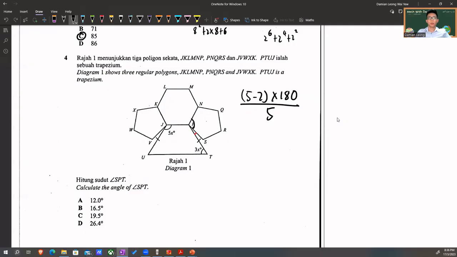So it will be 108. This one has 6 sides: 6 minus 2 times 180 divided by 6 is 120. So this is 108 and this is 120.